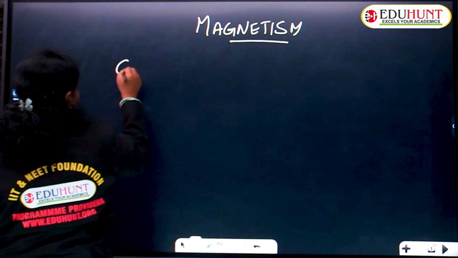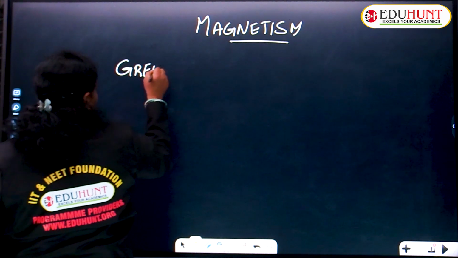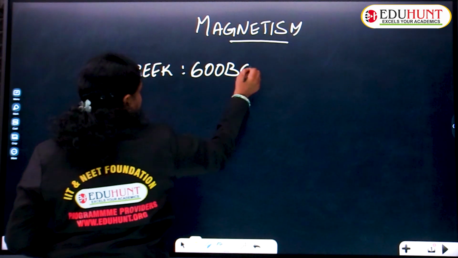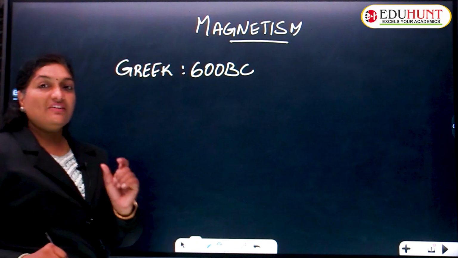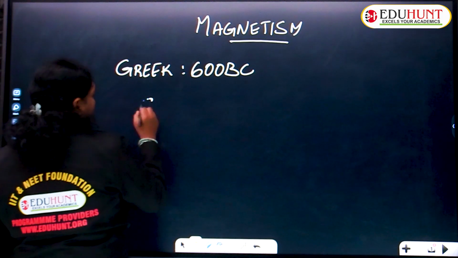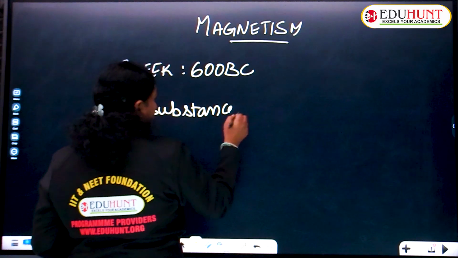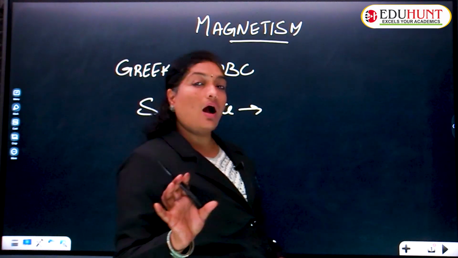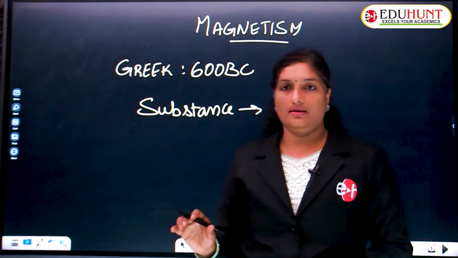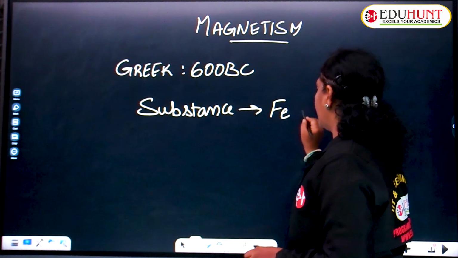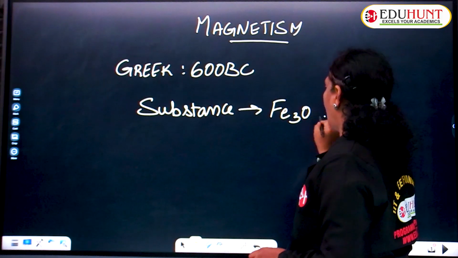Greek people in the early 600 BC used a specific substance, a composition of iron ore, and its chemical formula is Fe3O4.